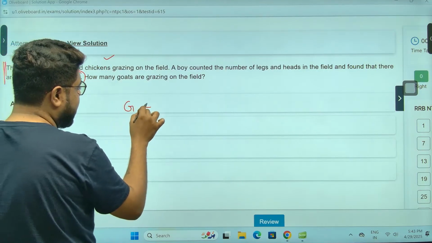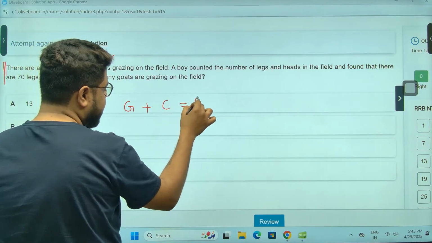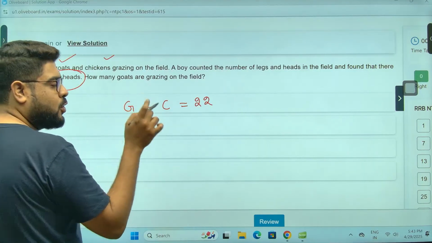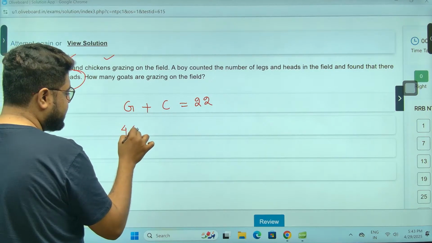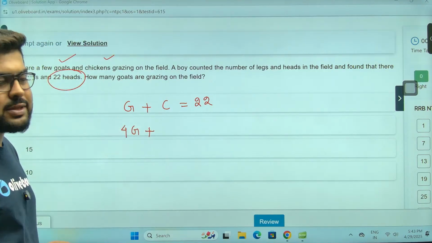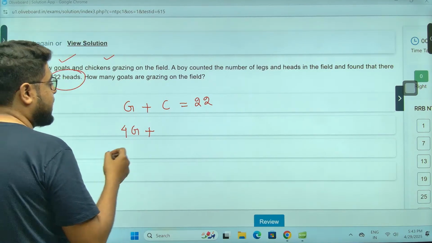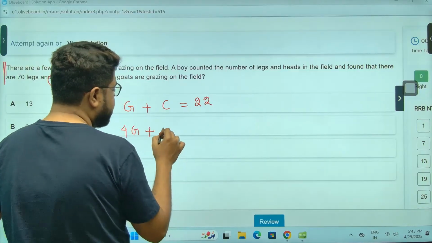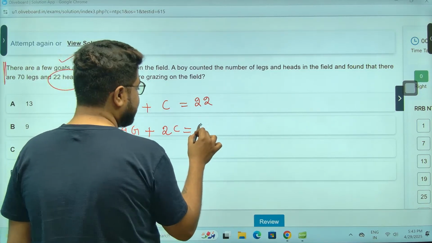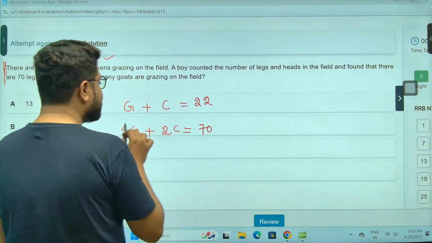Whether it is a goat or a chicken, everything has only one head. But every goat has 4 legs, so 4g legs for goats, and every chicken has 2 legs, so 2c. That is 70. So solve these two.